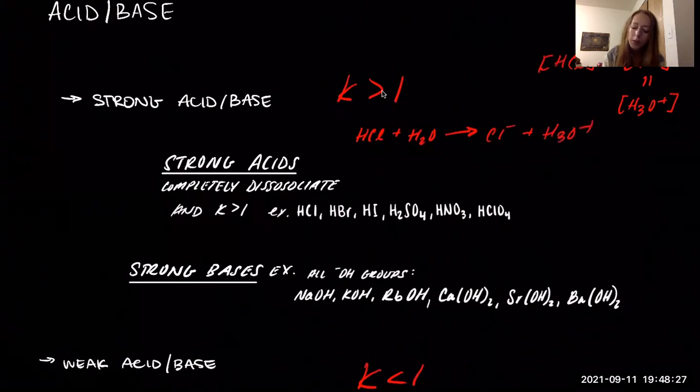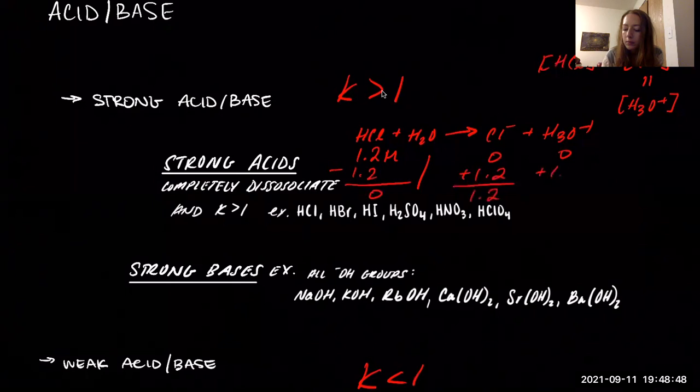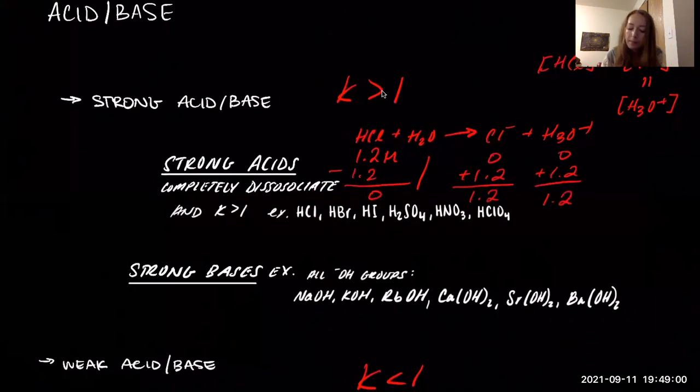Okay, so my initial here, let's say I had 1.2 molar, as an ice table. We don't really do ice tables for strong acids and bases because they're kind of pointless, because all of the reactants turn into products, okay? So there's no point in doing the ice table because this is always what we're going to see, okay?